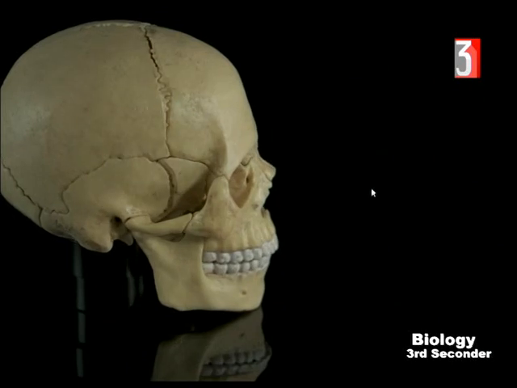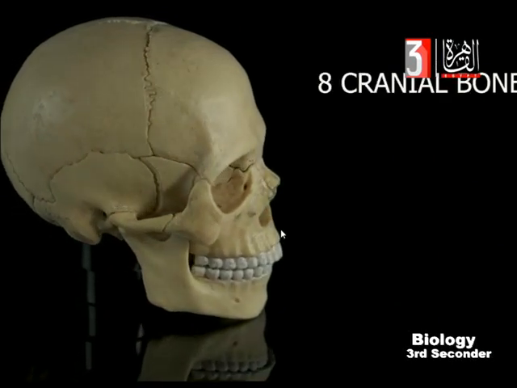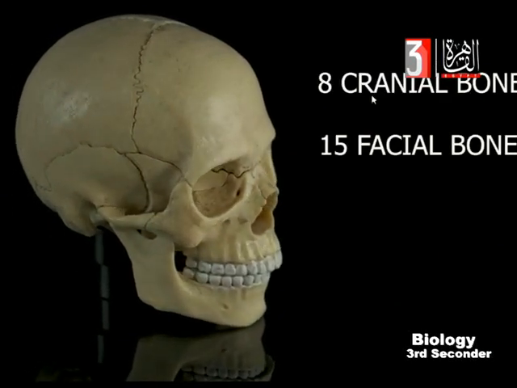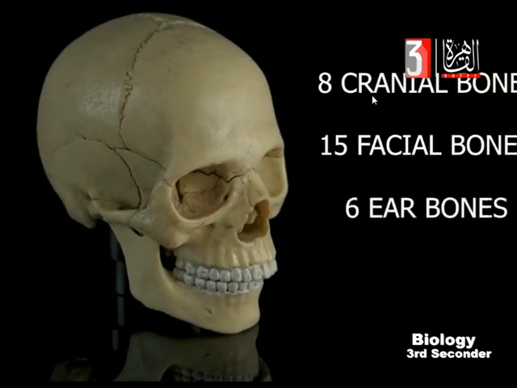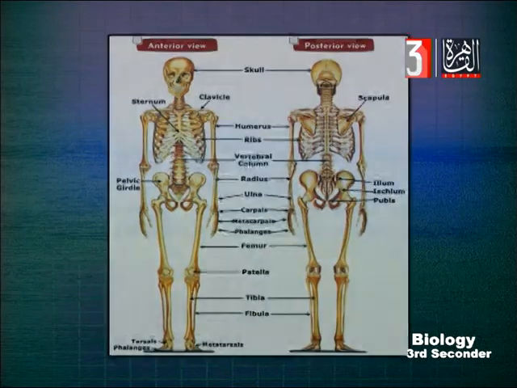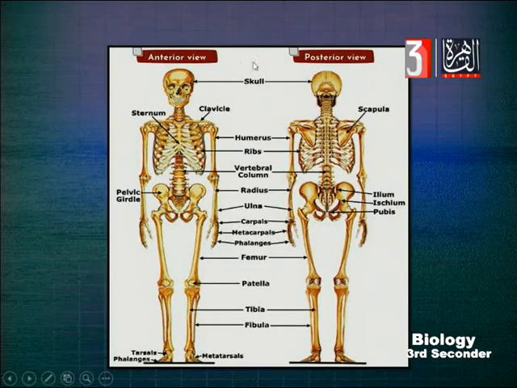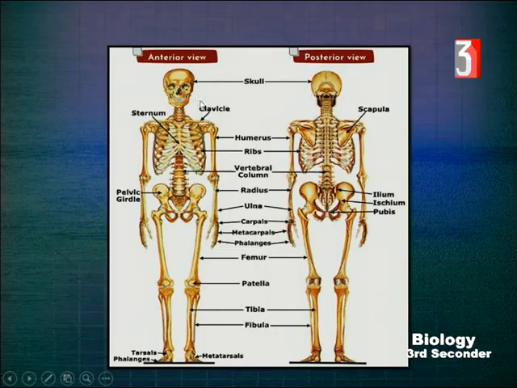Okay, this is the structure of the skull: 8 cranial bones. Again, this is the anterior view of the skeleton and this is the posterior view. The anterior view shows the human body from in front of you and the posterior from behind you. This is the axial skeleton: skull, thoracic ribs, and the vertebral column.